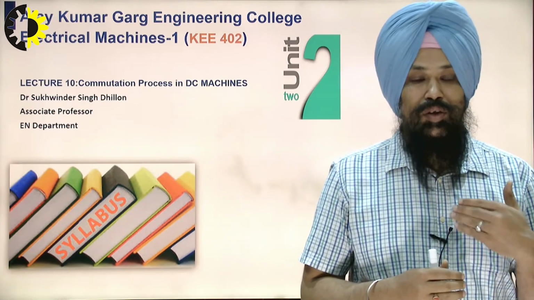When the coil goes through the commutation process, there will be sparking if there is armature reaction, because there is a flux which interlinks with the particular winding, and the EMF induced in that winding causes the spark in the brushes. So let us start with the commutation process.